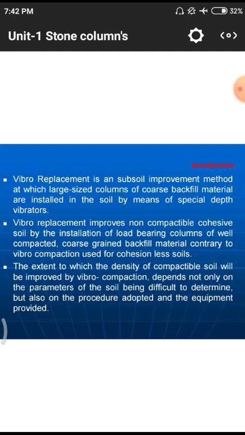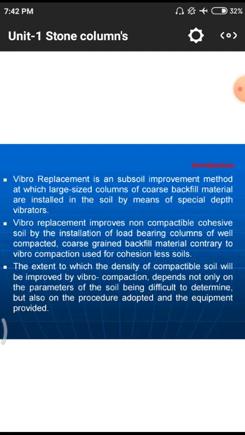By laying the stone columns using these vibro techniques, along with the stone, the surrounding soil up to some extent is also automatically densified, so that the total structure will have a huge amount of safe bearing capacity compared to the previous one. Previously we had some amount of soil bearing capacity. Due to these vibratory techniques and the stone column arrangement, we increase the soil bearing capacity.